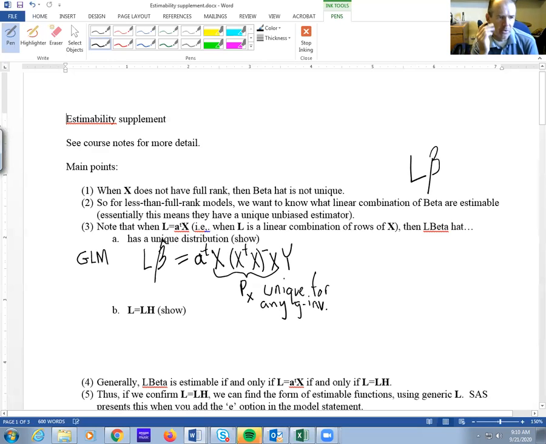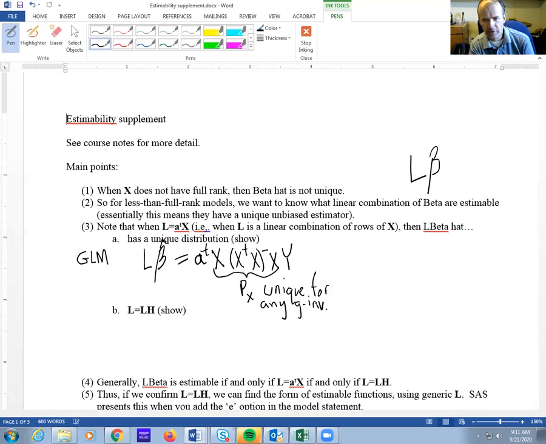So there are certain properties that the projection matrix has. It's symmetric, it's idempotent, which means that if you multiply P of X times P of X, you get P of X. It's unique for any G inverse. A lot of these properties I lay out in the course notes.